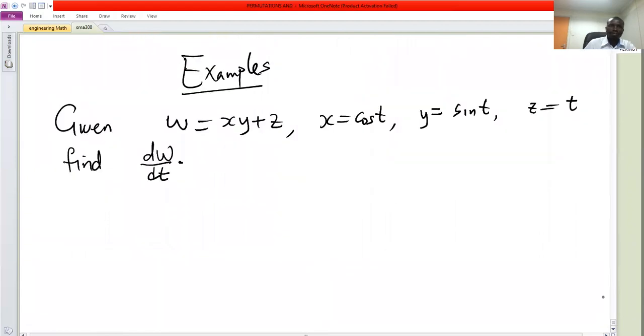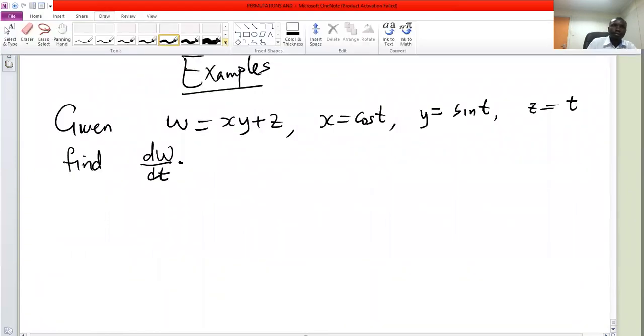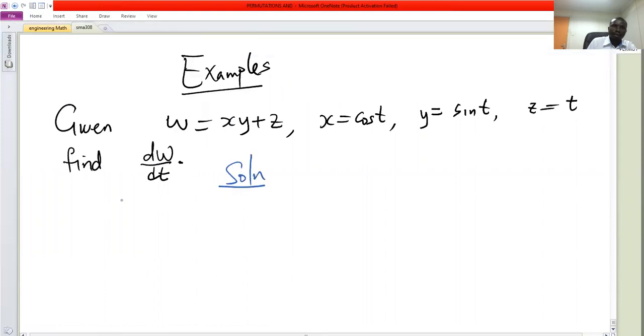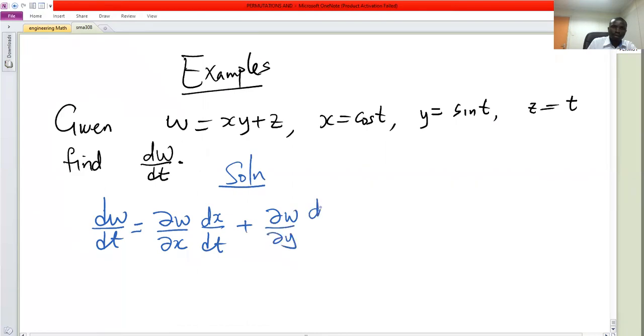So the first thing is to write the formula. We'll have dw dt equals partial w partial x and then dx dt, plus partial w partial y dy dt, plus partial w partial z dz dt.